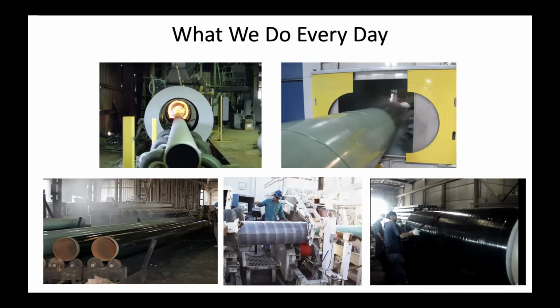So we apply both internal and external pipeline coating systems. Since the company was founded in 1972, and we are a family-owned business, we're owned by a minority-owned business. We're owned by a female owner. We've coated enough pipe to circle the earth almost 4 times completely.